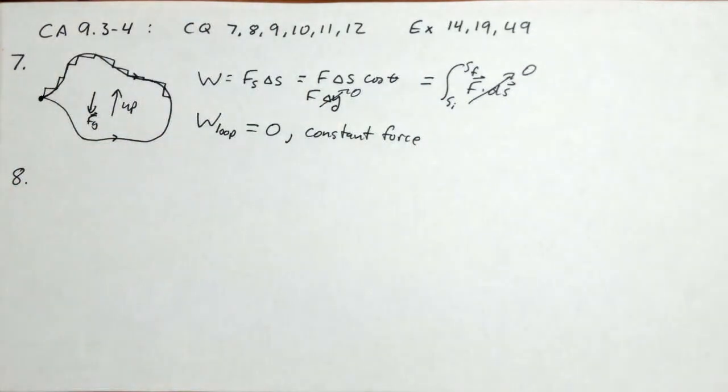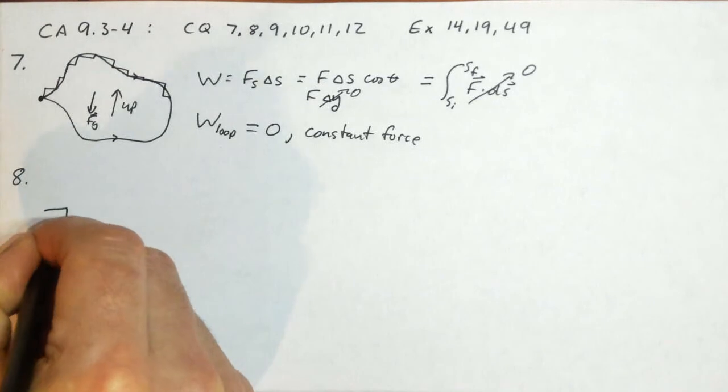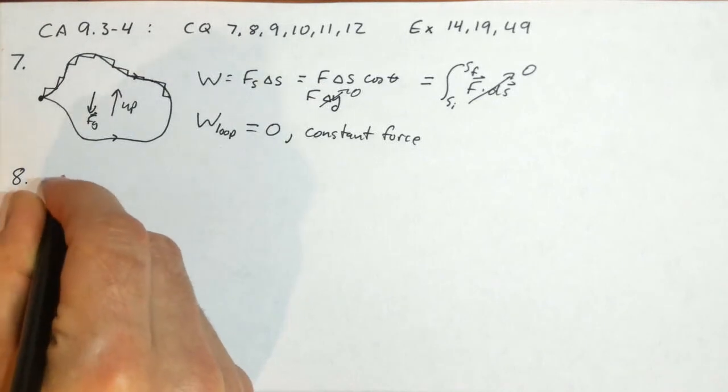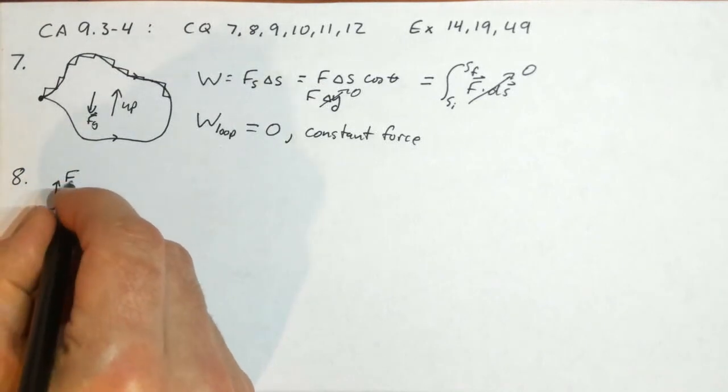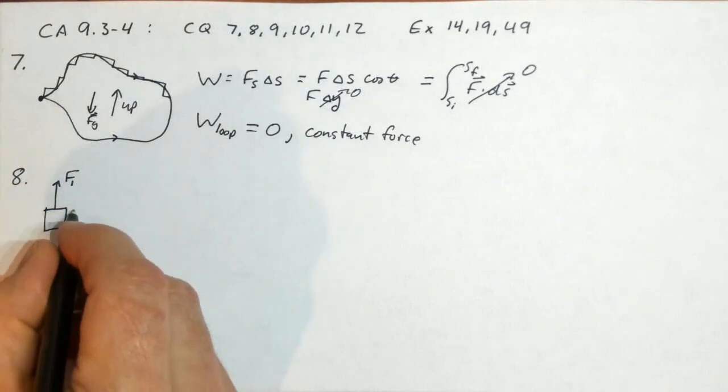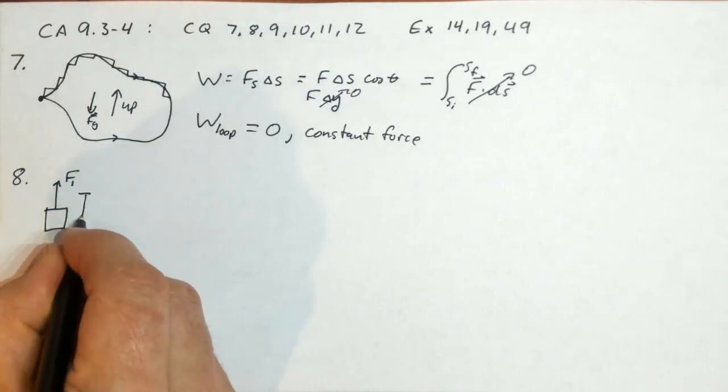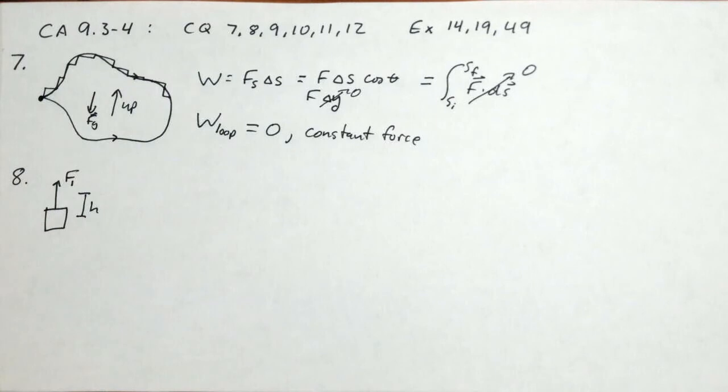Go on to problem 8. Sorry, this is concept question 8. Okay, so what's more, lifting a block straight up? How much work do you do lifting it straight up? I can call it F1. This goes through a height change of h.